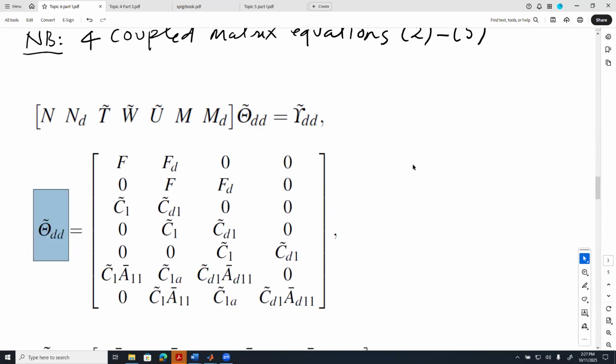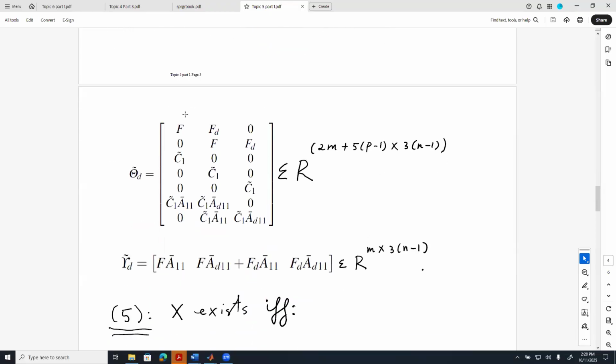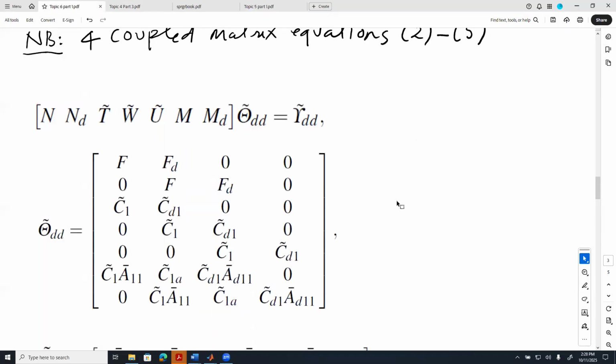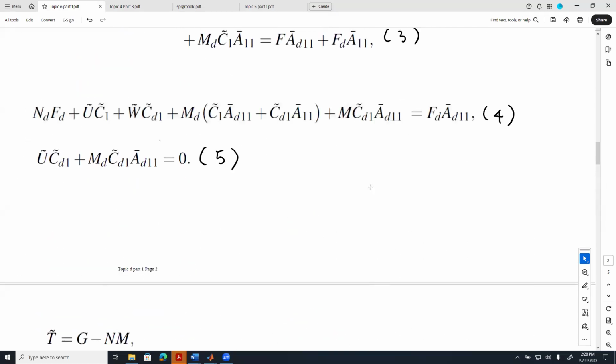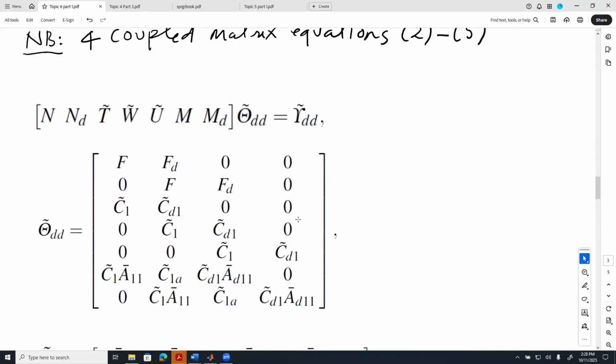It has four block columns, in contrast to the previous problem where we had only three, because we have four matrix equations to satisfy.